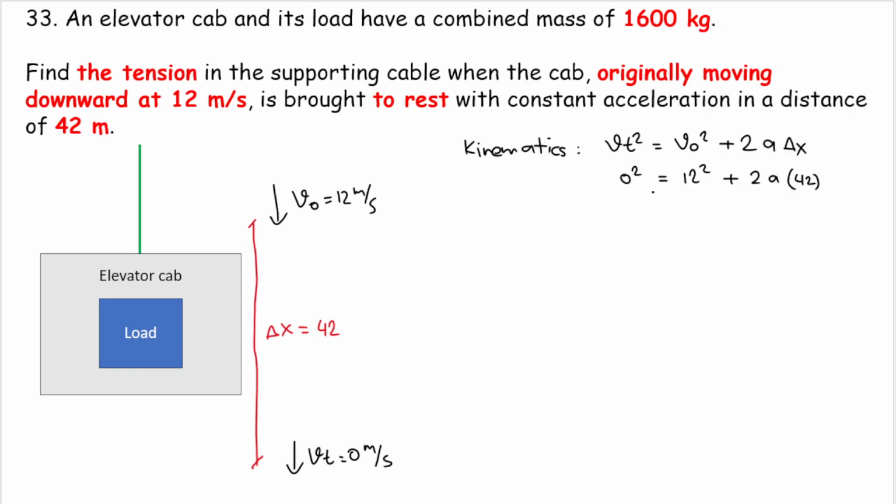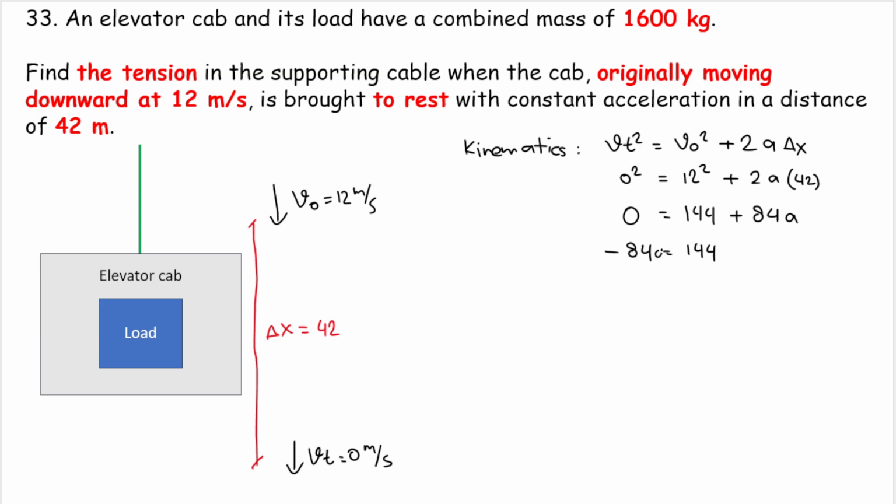Now we will have 0, and this one will be 144 plus 84 multiplied by the acceleration, or minus 84a is equal to 144.